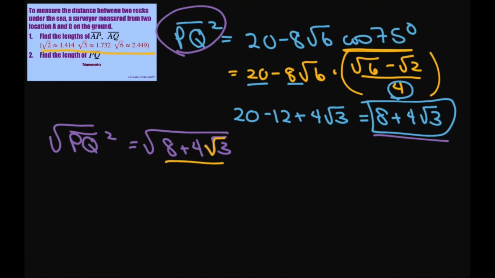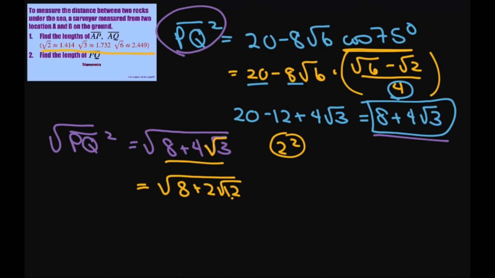We have these double radicals going on. So what I can do is first write this as square root of 8 plus 2, and I'm going to make this square root of 12. So I'm taking the 2 and squaring it and putting it back under the radical.